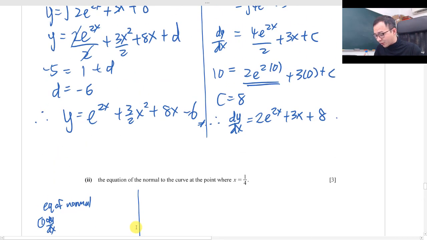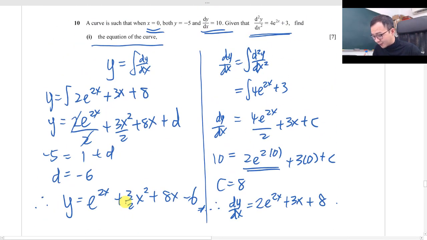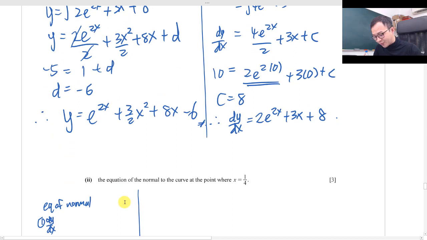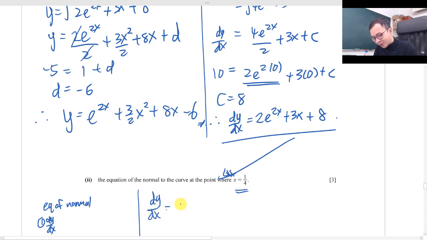In this case, we already have the dy/dx, which is here. We differentiate when x equals 1 over 4. So I will bring this equation over here. My dy/dx equals 2e^(1/4 times 2, which is 1 over 2) plus 3 times 1 over 4 plus 8.